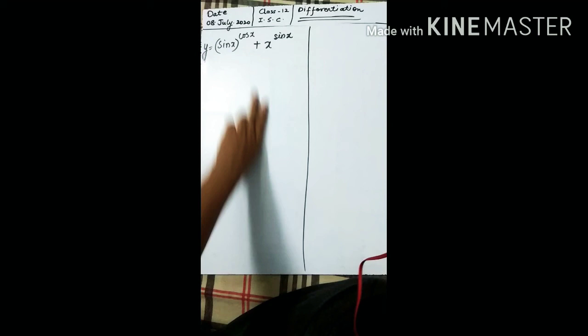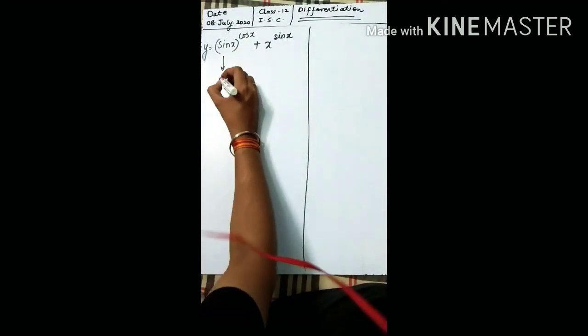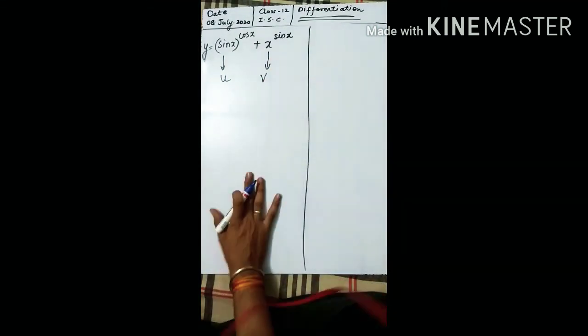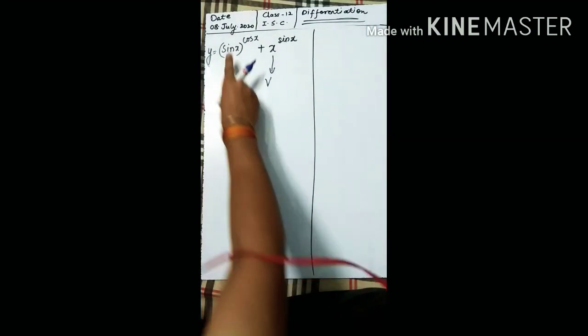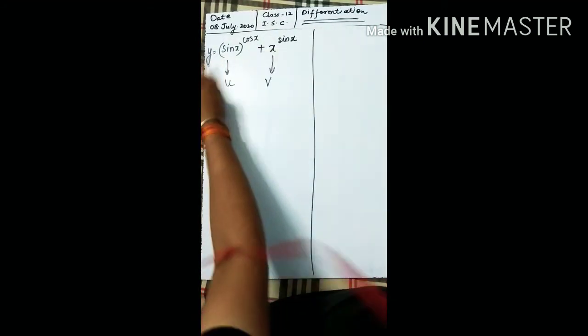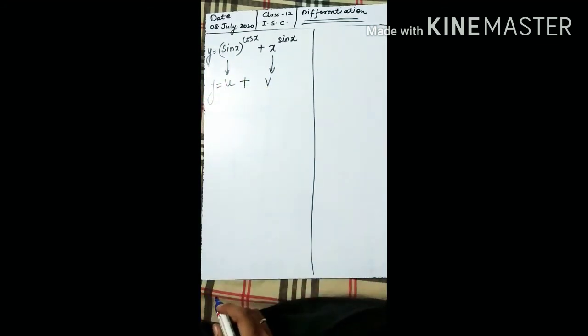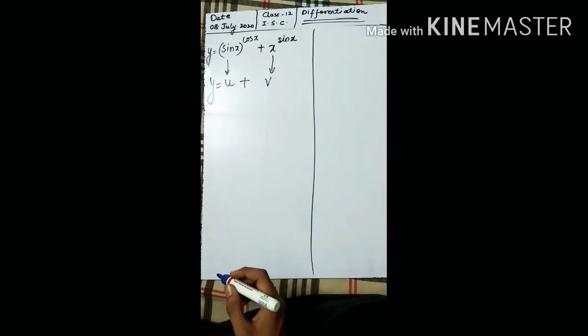So what do we do here? We consider this as some u and this as some v. Let u is equal to this and v is equal to this, and on putting in this equation we'll get y is equal to u plus v.